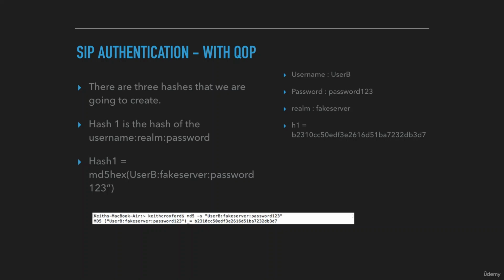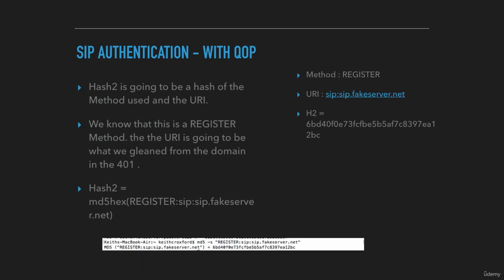Hash number 1 is a hash of the username, the realm, and the password. So hash 1 looks like MD5 hex of user, fake server, password 123. Right, so we have these over on the side as well. So that is the algorithm for hash 1. It's username, realm, password, and MD5 hex is what those are hashed with.